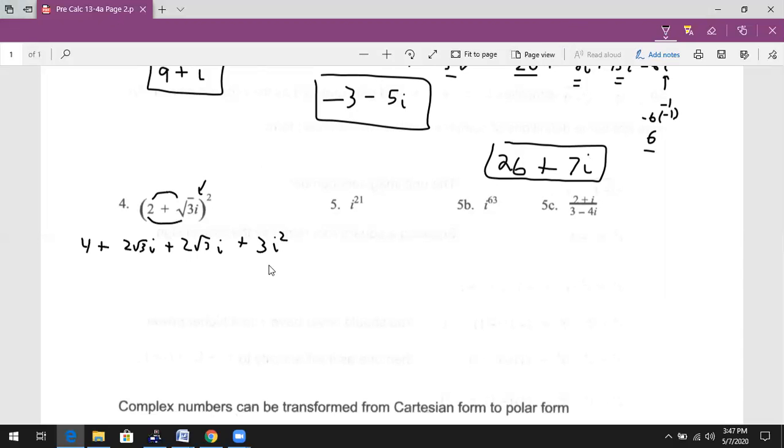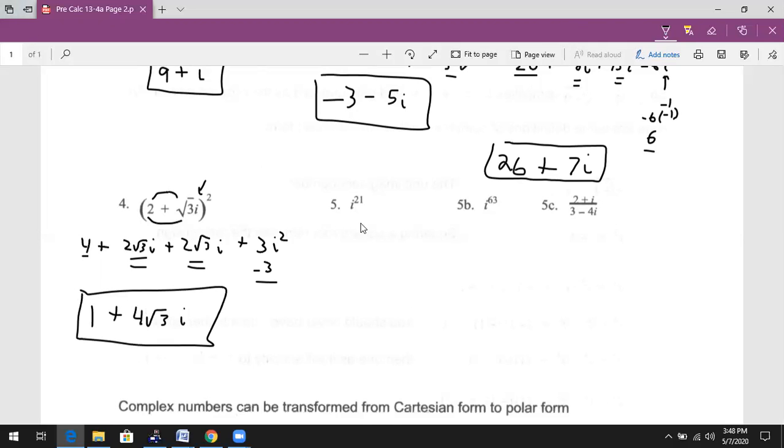So just like before, this is going to become 3 times negative 1, or negative 3. Now, 4 minus 3 is 1. That's the a part. The bi part is 2 root 3i and another 2 root 3i, or 4 root 3i. That's the a plus bi form.